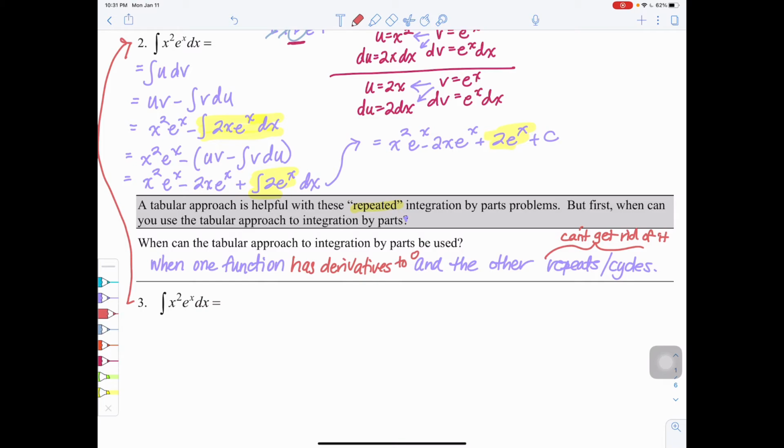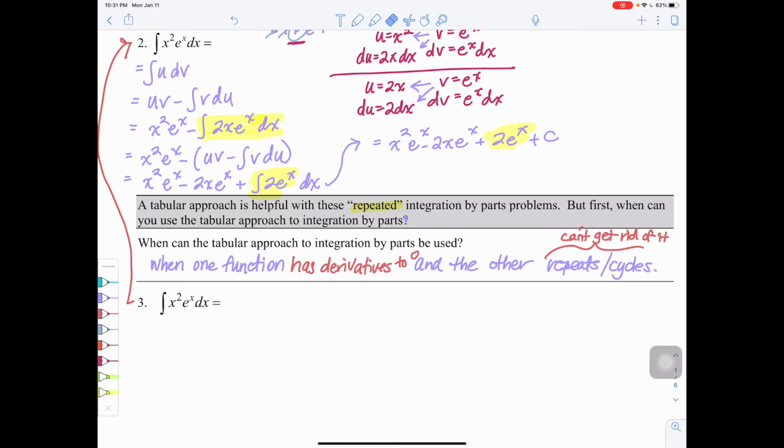Probably didn't explain that very well. So we already said that x squared, when you continue to take the derivative, will eventually get to 0. And e to the x, when you integrate or take the derivative, you can never get rid of it. So we're going to use parts.